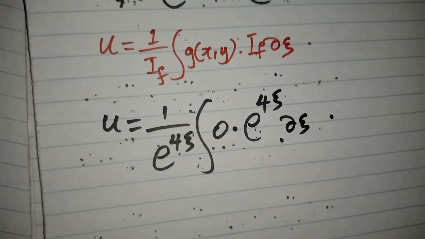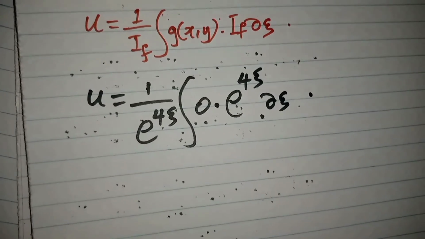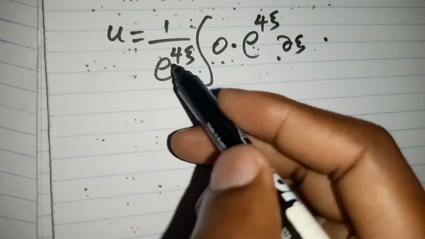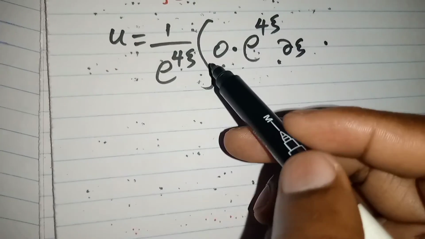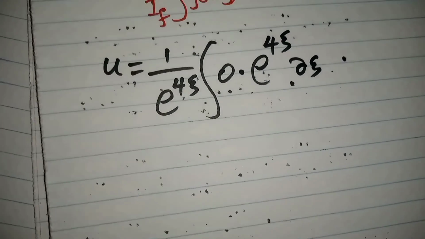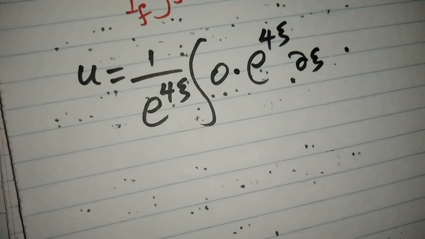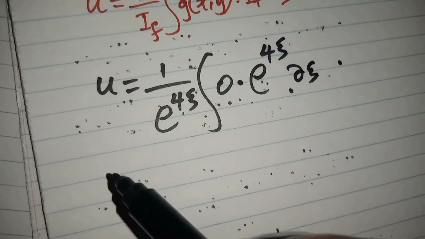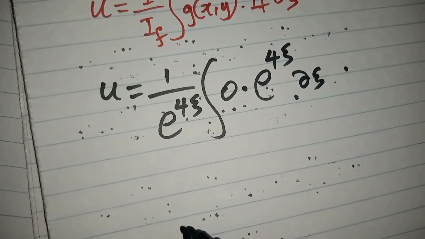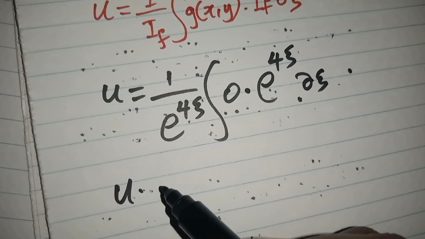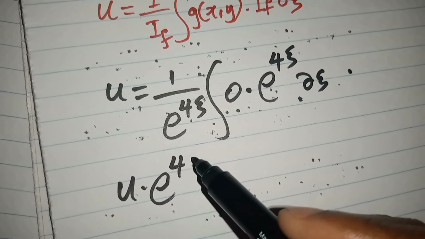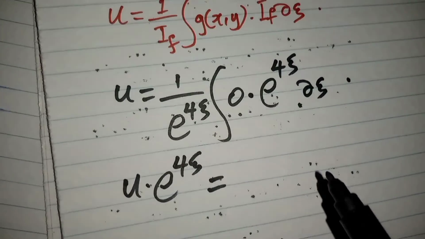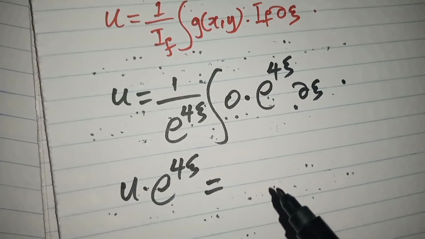Okay. Then from there, we can take this one to the other side by multiplying through by exponential 4xi. Once we multiply through by exponential 4xi, we have u times exponential 4xi equals the integral of 0 with respect to xi, because 0 times this one will be 0.